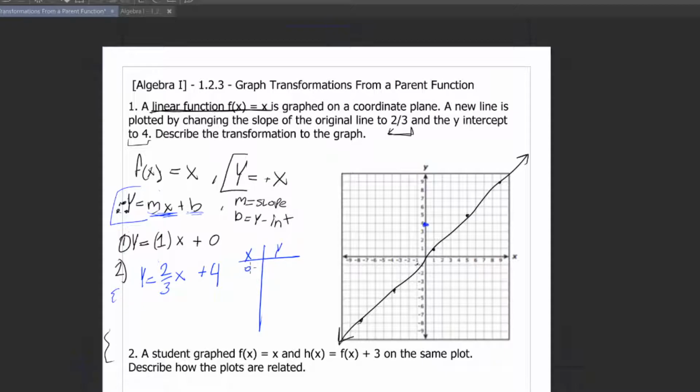Whenever x equals 0, y equals 4. Whenever x equals 1, y equals 2 over 3 times 1, plus 4. Whenever x equals 2, y equals 2 over 3 times 2, plus 4.